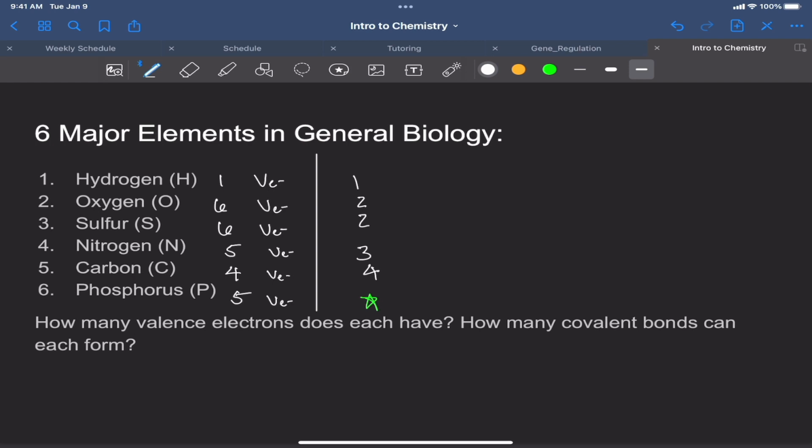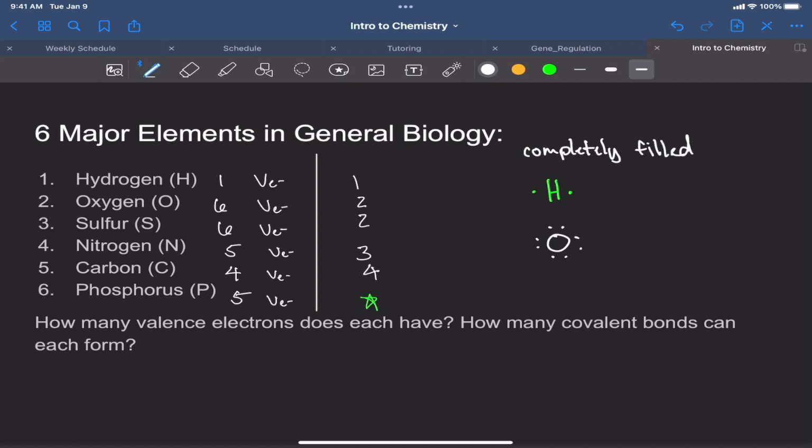But in general, hydrogen will have a duet, meaning if we draw its Lewis dot structure, it'll have 1 and 2 electrons in that first orbital. Oxygen, on the other hand, if we draw that, if it were to be completely filled, oxygen would have 8, right?